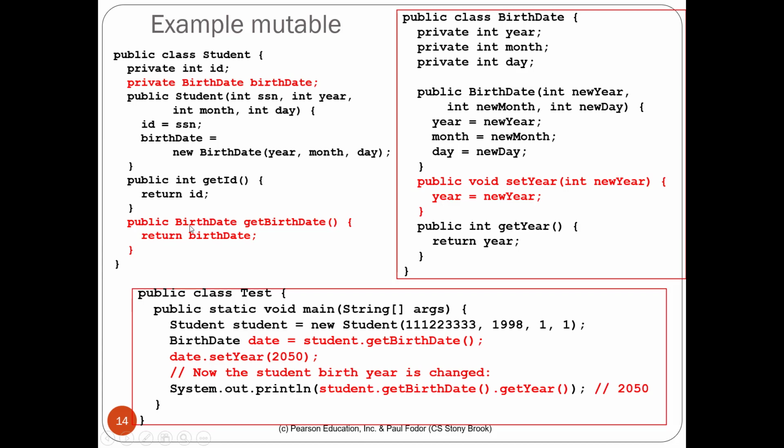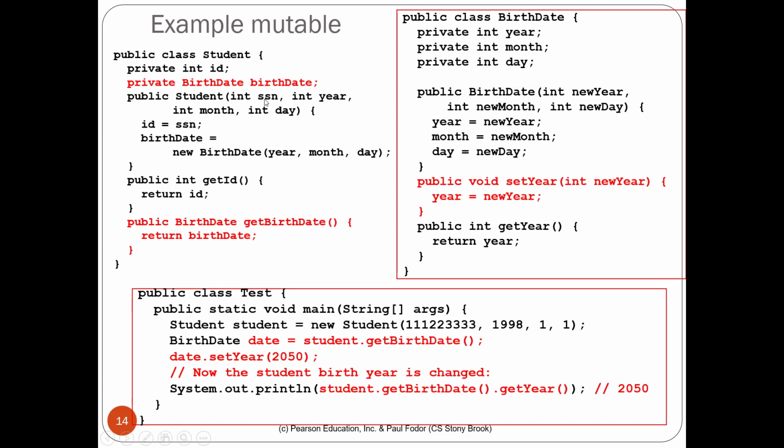What is BirthDate? BirthDate is a class here. So when you say public BirthDate getBirthDate, that means you are returning the BirthDate reference. Why? Because look at the return type, it is BirthDate. BirthDate is the name of the class. So you're returning the reference.